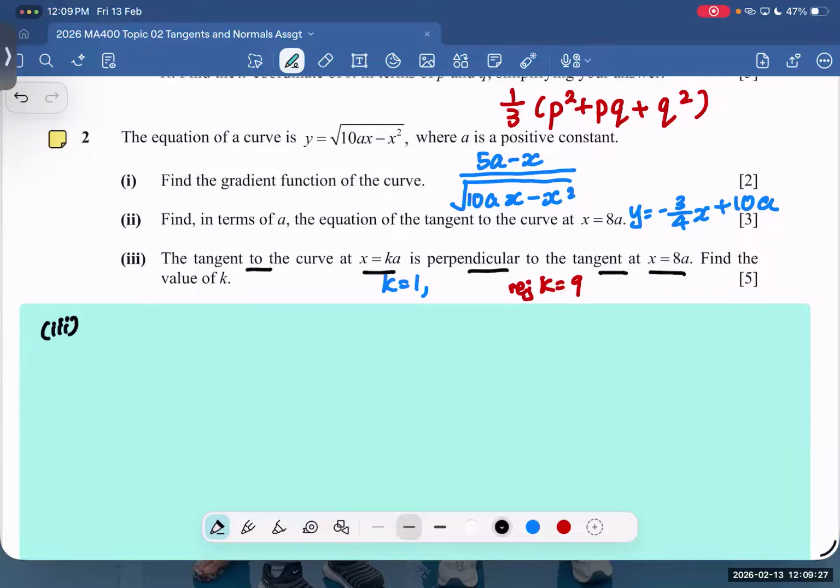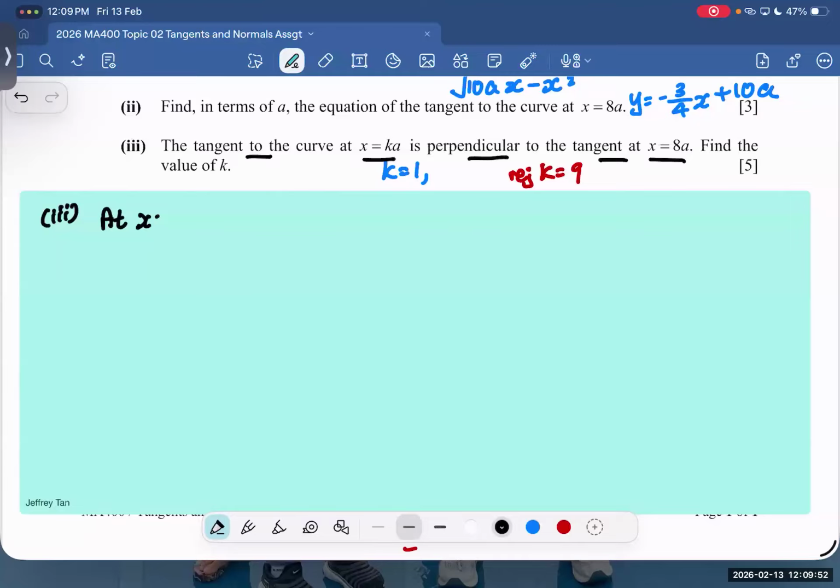Can anyone tell me what's the gradient? 4/3. Very good. And at x equals Ka, the gradient is equal to 4/3, simply by observing here. You understand? Just observe.